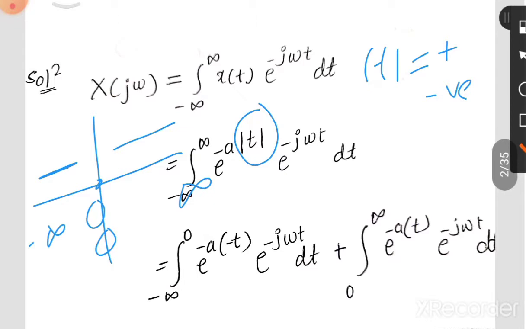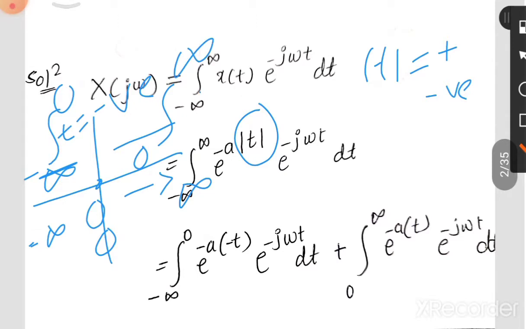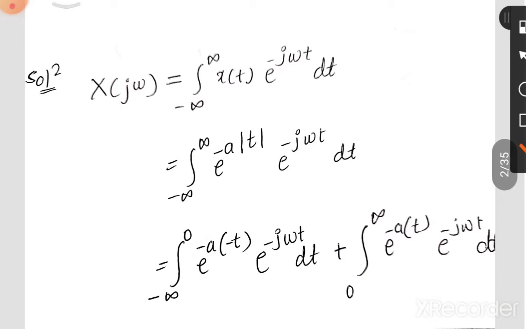Now we take the integration from minus infinity to 0, where t value is negative, and on this side from 0 to infinity where t is positive. We substitute e raised to minus a t, where t is negative when from minus infinity to 0 and t is positive when the signal is from 0 to infinity.